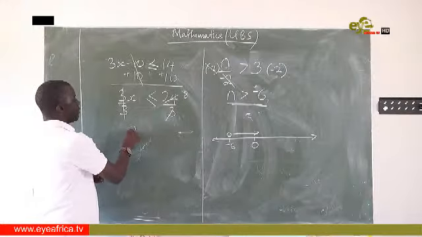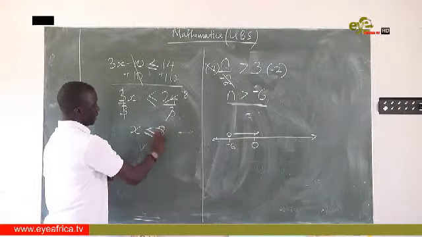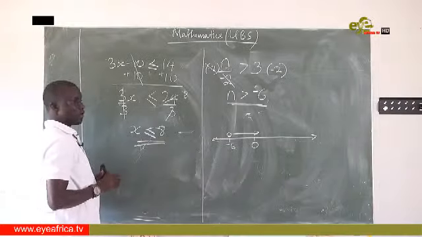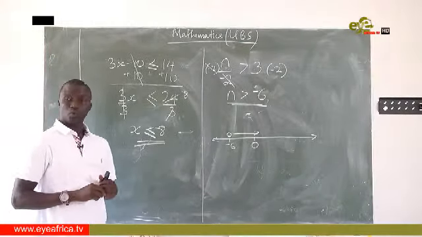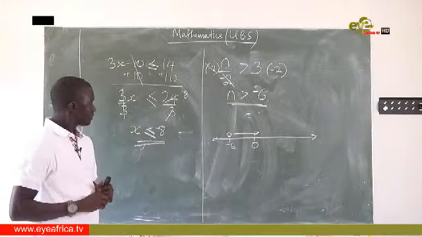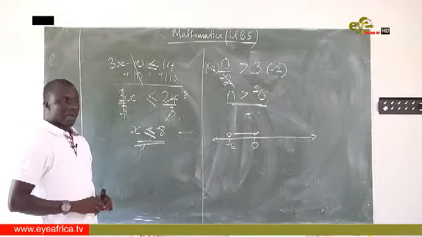So we have x is less than or equal to 8. Our answer here is x is less than or equal to 8. This is the solution to the inequality we have.